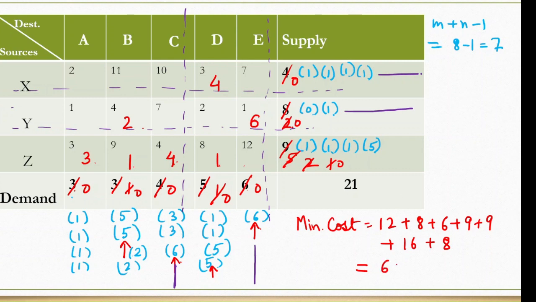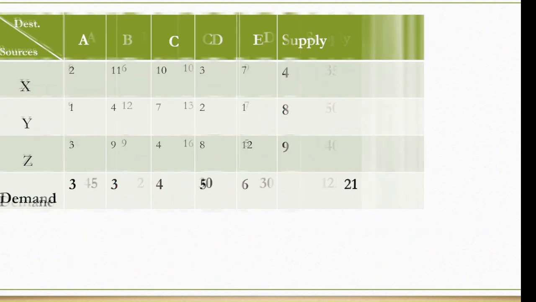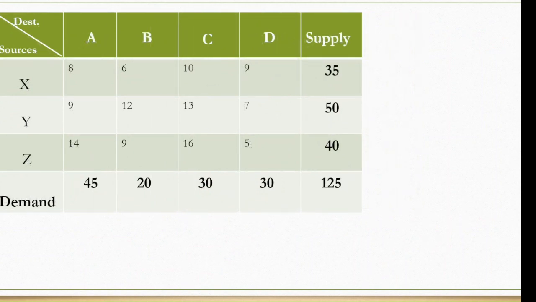And previously we had in hundreds, so you can cross check. So this is how we can calculate the initial feasible solution using the VAM method, and it is almost closer to the optimal solution.